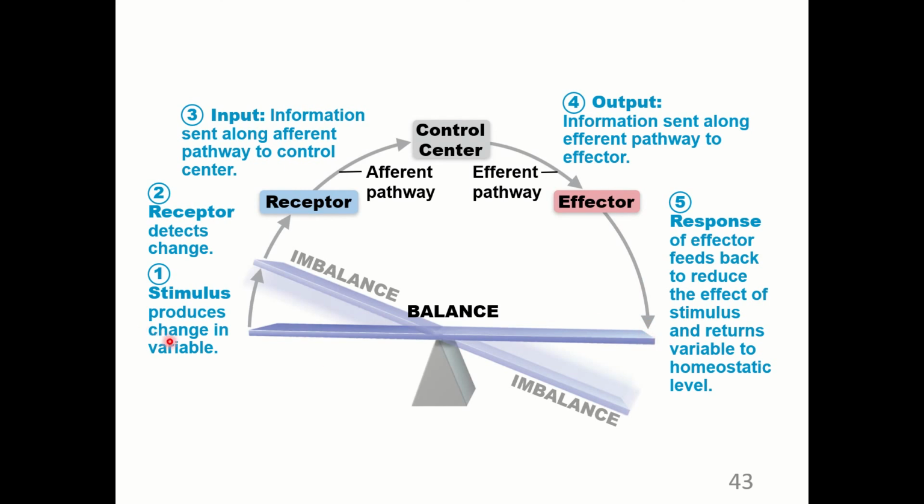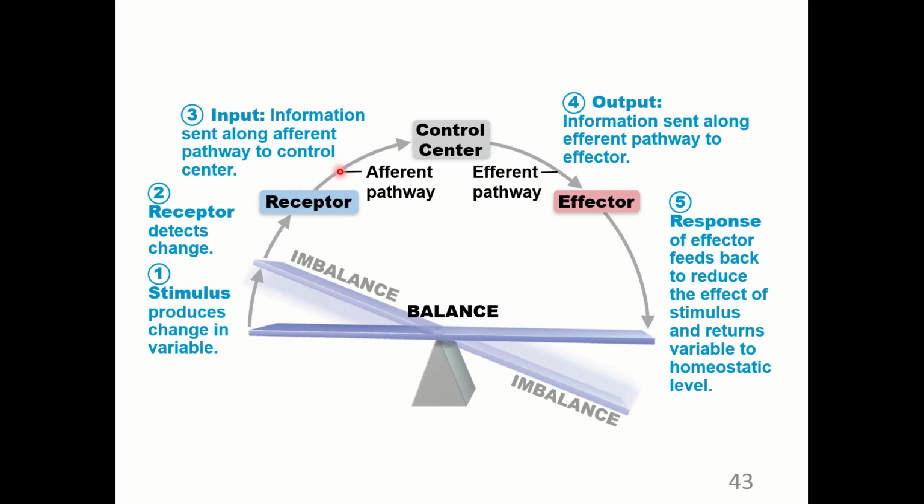So reading it word for word, step 1, the stimulus produces the change in the variable. Step 2, the receptor detects the change. Step 3, input is sent along the afferent pathway to the control center.